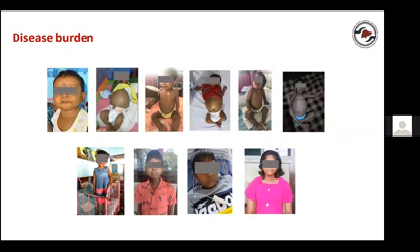Let's start from the dark end. Disease burden. So sometimes we question ourselves, is there a disease burden related to liver disease in children? Because we commonly know the disease burden related to adults, but the disease burden related to children is often overlooked. If you look at these pictures, all these children were identified as candidates for liver transplantation, and they are at various ages.